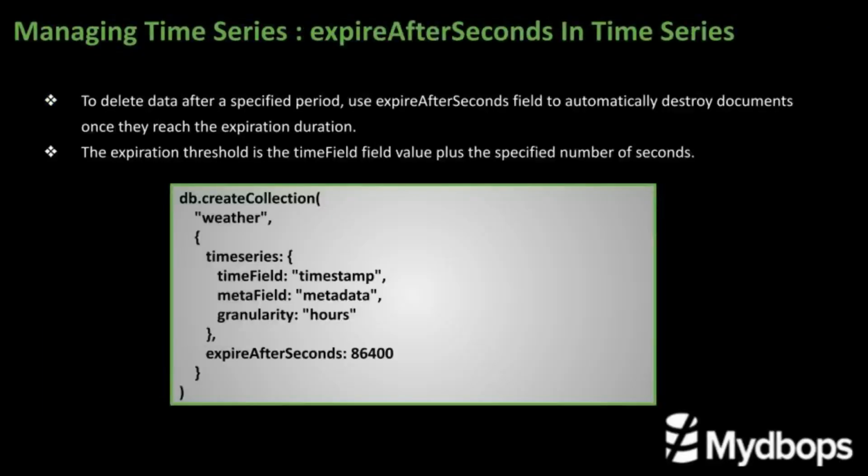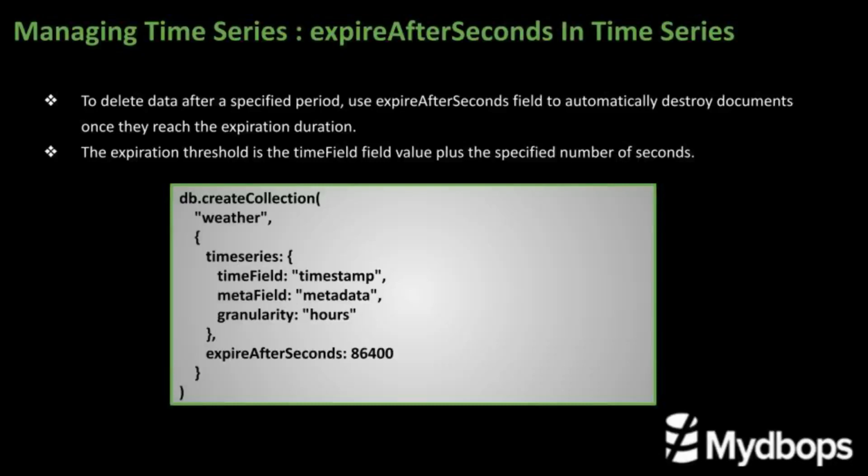As we discussed, TTL index isn't supported in time series collections, but there is an option named expireAfterSeconds, which helps us to delete the documents automatically once they reach a specific threshold. This threshold depends upon the time field value plus the number of seconds you have set for the expireAfterSeconds parameter.